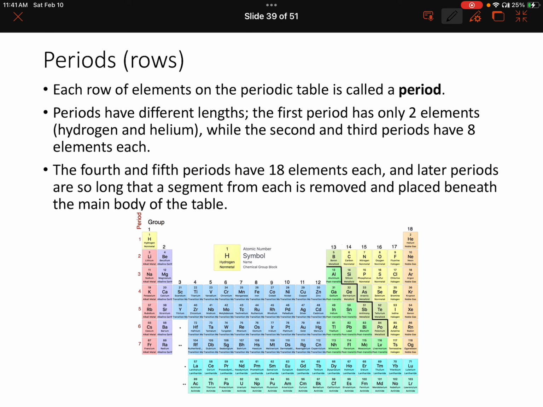The rows of the periodic table are also called periods. Periods have different lengths. The first period or row has only 2 elements, hydrogen and helium.